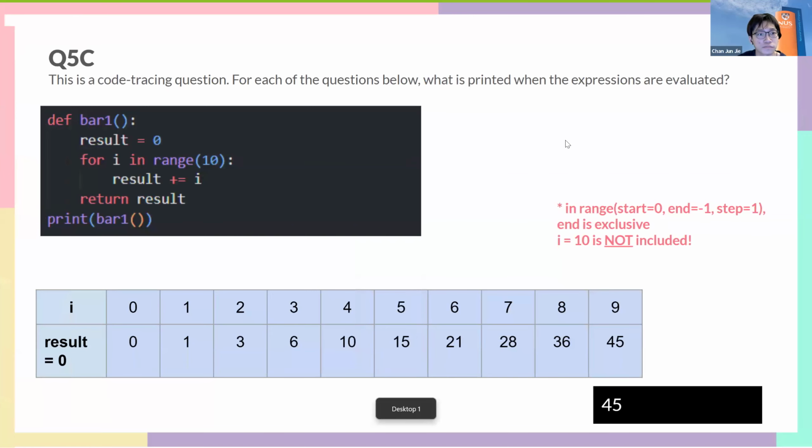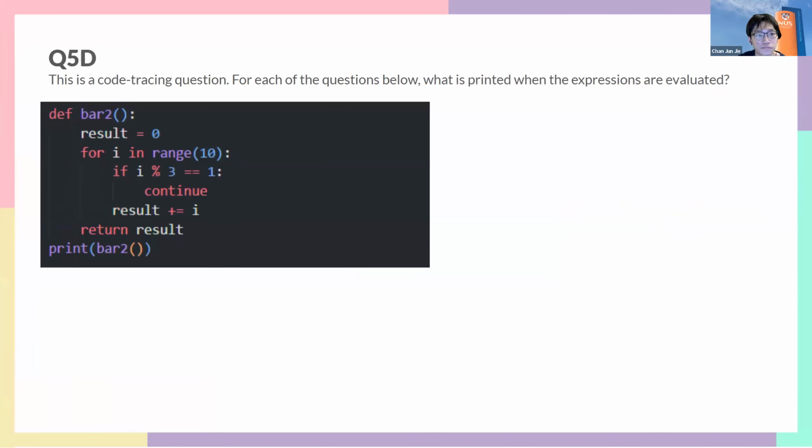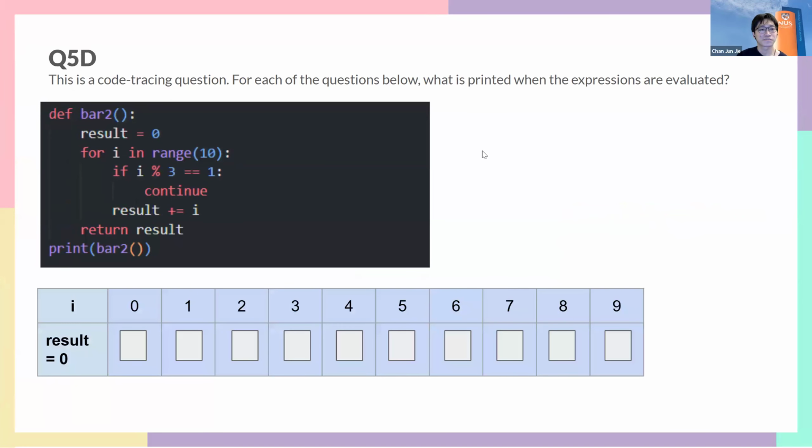Sorry, yeah, I have the opposite. So it's supposed to be for any number other than 1, 4, and 7, it will add i. Yep, correct. So basically, you start from result equals 0. When i goes to 0, you add 0. When i goes to 1, you don't do anything because 1 mod 3 is equal to 1.